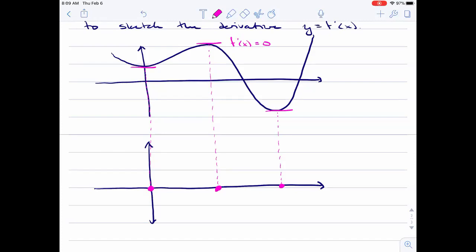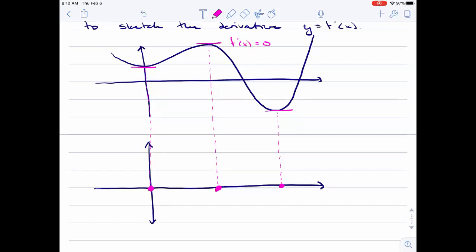So this is where it's going to cross the x-axis. So what happens in between here doesn't really matter as long as we've got our positives and negatives. And so here, if we've got a negative slope like we do coming up to the y-axis, then our points better be negative down here, because we're reflecting the slope of the curve on this graph.